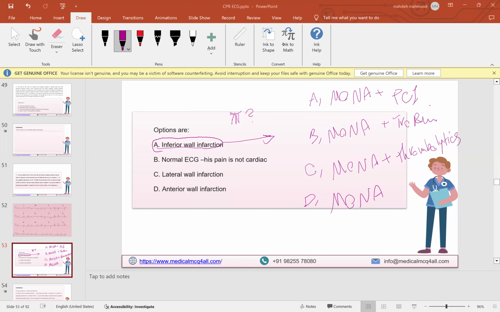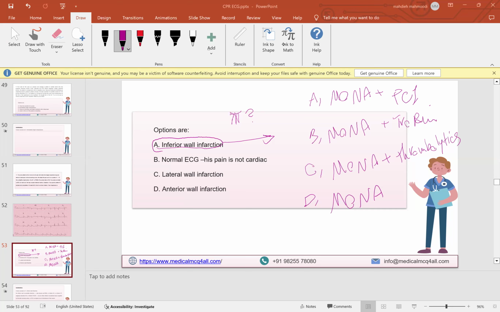MONA and PCI. So why don't you wait for the troponin result? Normally, troponin results will take 4 hours to come, and by that time, the infarction will cause damage to the heart.